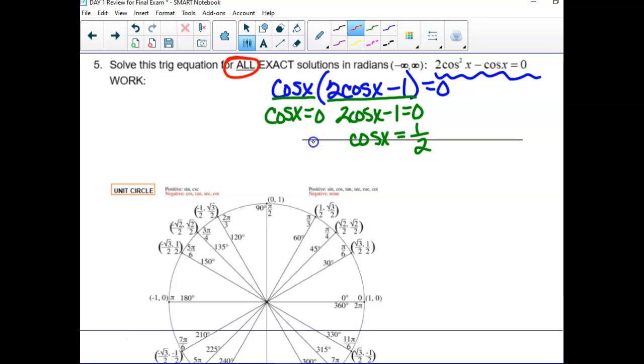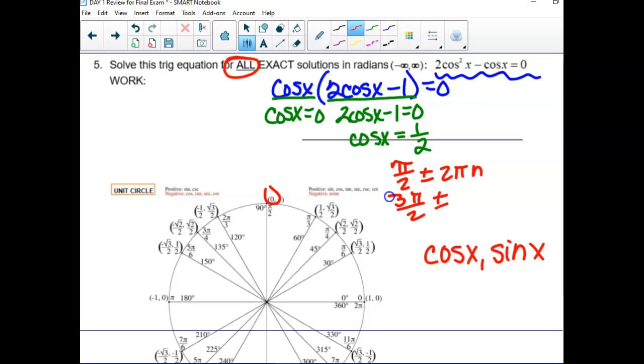There's shorter ways to write it, but we're doing cosine. Remember, it goes cosine, sine. So we're looking for where is the x value 0? That's here and down at 3 pi over 2. So the easiest way is probably just for you guys to write pi over 2 plus or minus 2 pi n, 3 pi over 2 plus or minus 2 pi n.